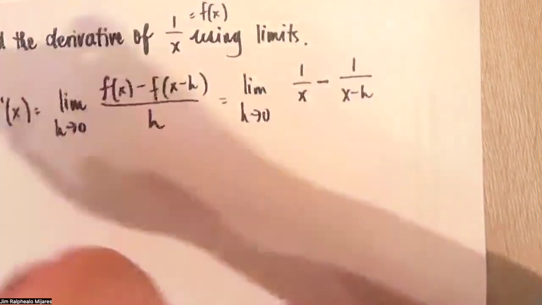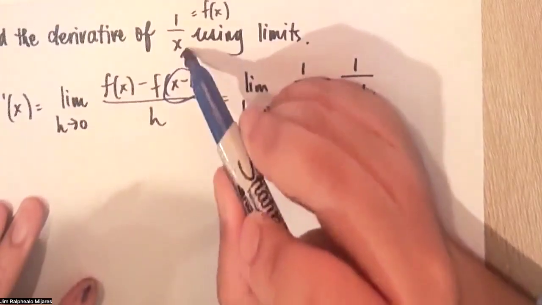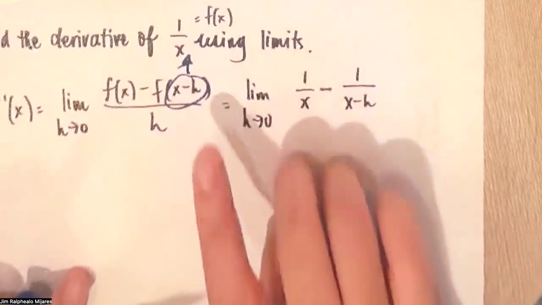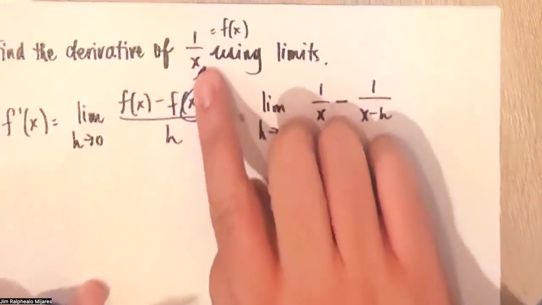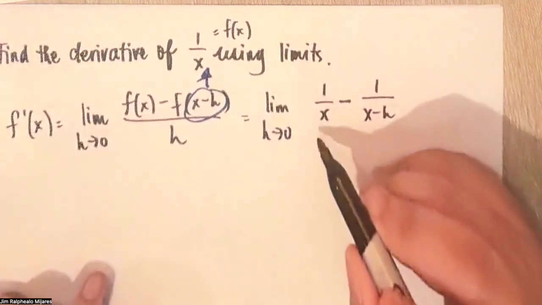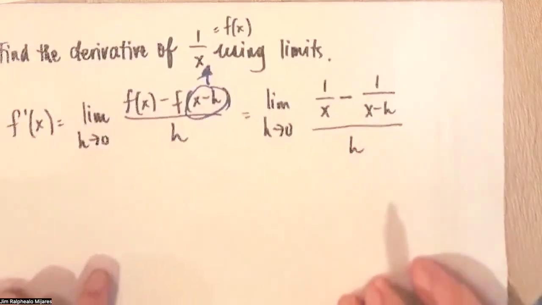Because again, we are inputting this into the function. Whatever the function is, whatever all of the x's in the original function, we change them to x minus h. Then this becomes all over h.